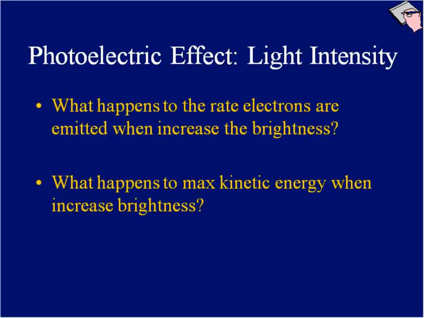Now we have an experiment for this effect. What is that experiment? You have metal and you have some light source. You can change the light source. You can change its color. You can change the metal also.